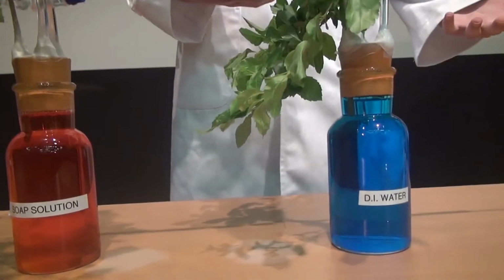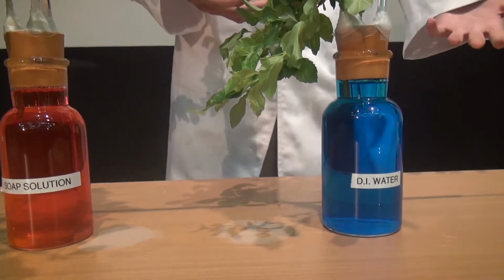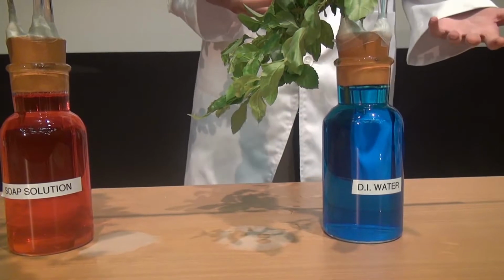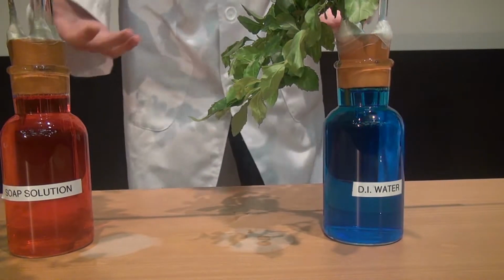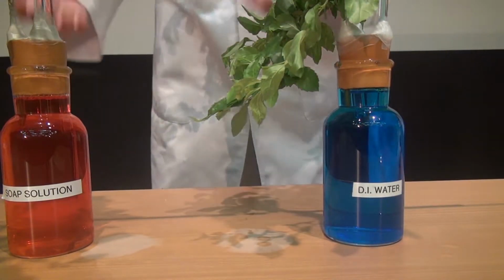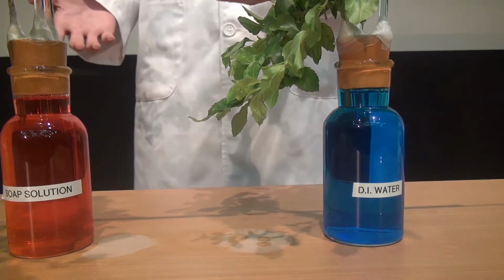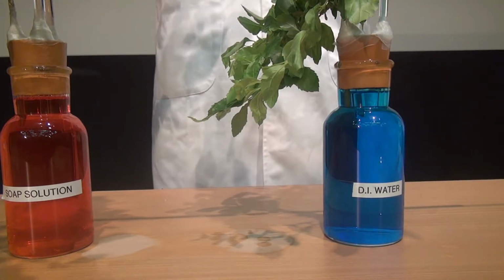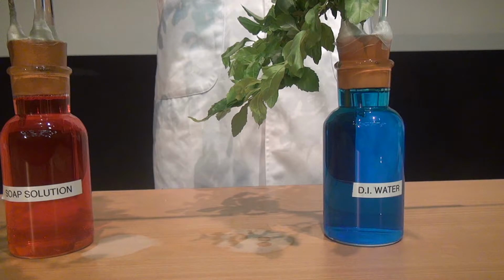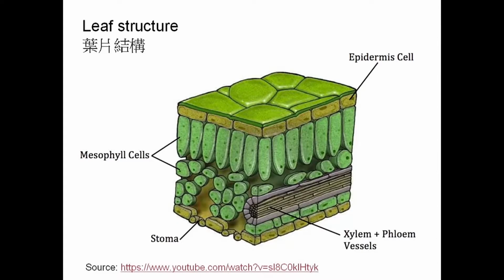Now we can see that the water level is at approximately 11.5 cm for the pure water, and at around 13 cm for the soapy water setup, showing that water has been absorbed by the plants, but at different rates. Thanks for the detailed explanation by Michael.